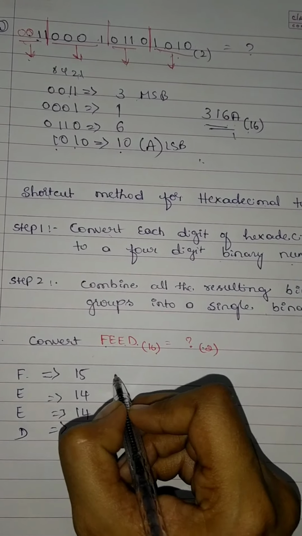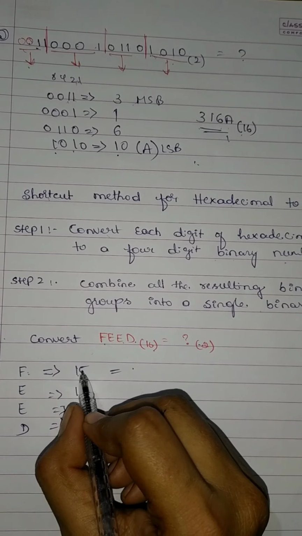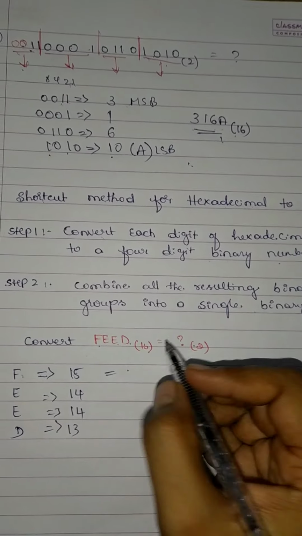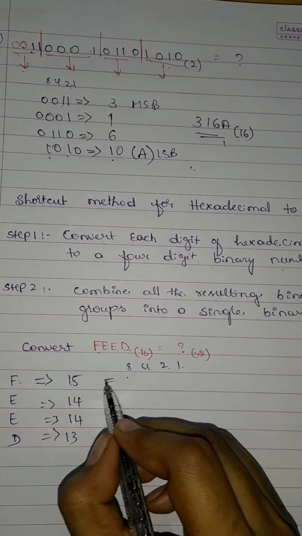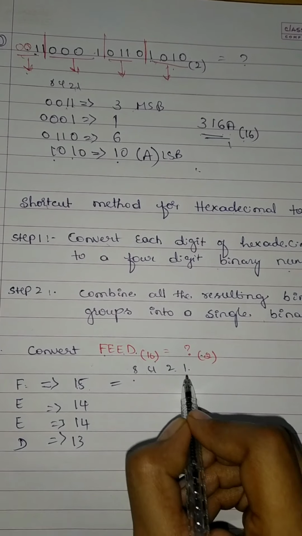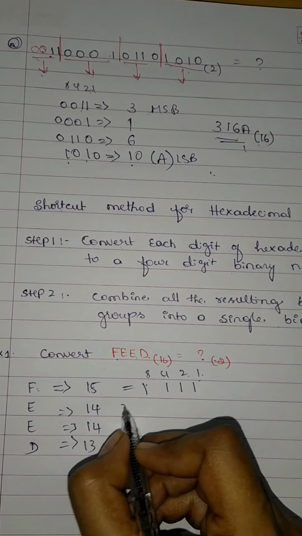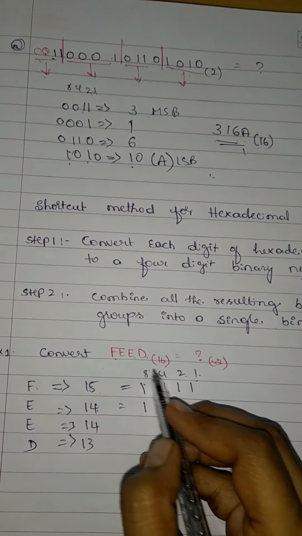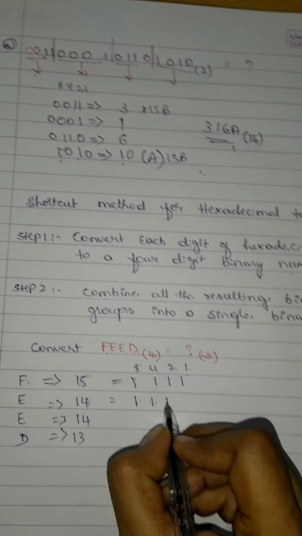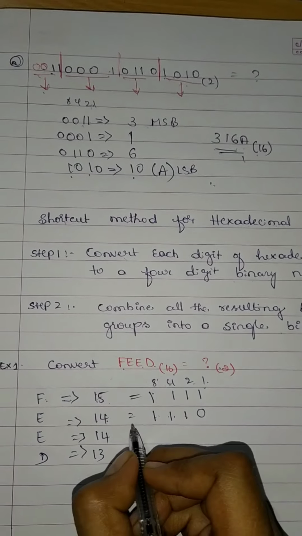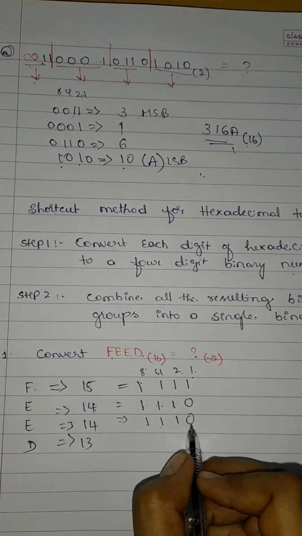To convert 15 into binary, we follow the 8421 format. How can we represent this 15 in 8421 format? That is 1111. How can we get 14? By adding 8 and 4 and then 2: 8 plus 4 is 12, 12 plus 2 is 14, then 0. So 1110. Another E is the same as the previous, so 1110.